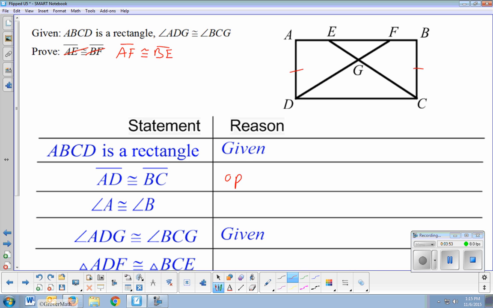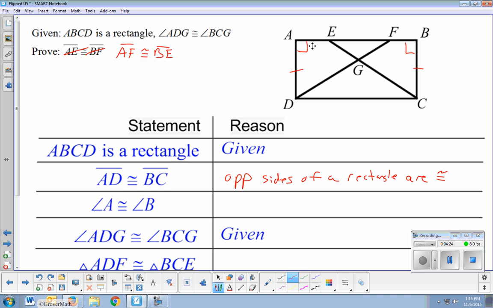And we can say opposite sides of a rectangle are congruent. You wouldn't be wrong if you said opposite sides of a parallelogram are congruent too, because a rectangle is a parallelogram. How about opposite angles? Well, remember, for a rectangle, it's not just opposite angles, it's all angles. So angle A and angle B here, they're not opposite angles, but because it's a rectangle, they don't need to be.